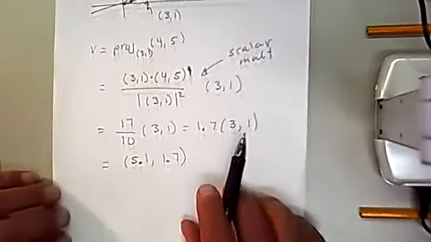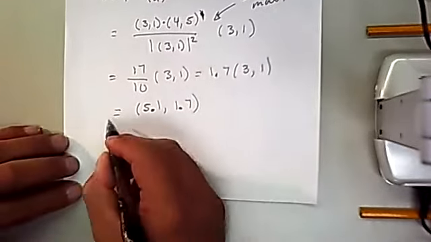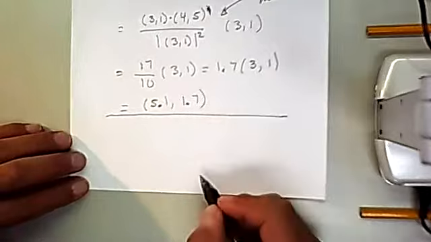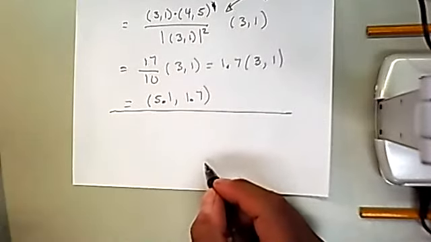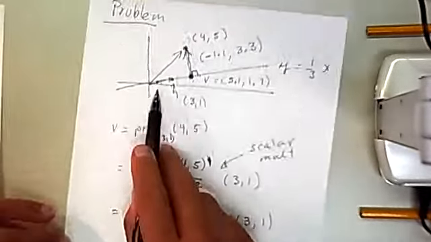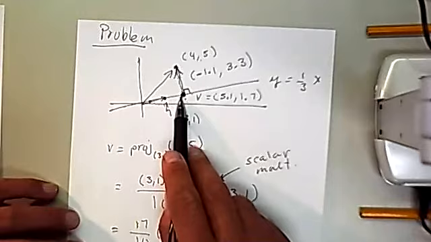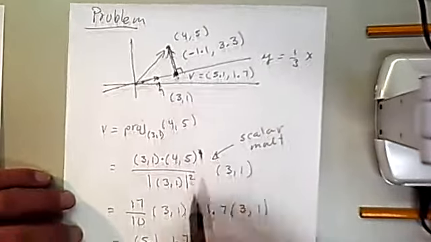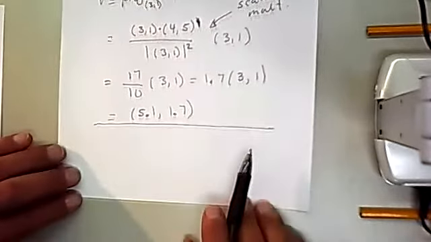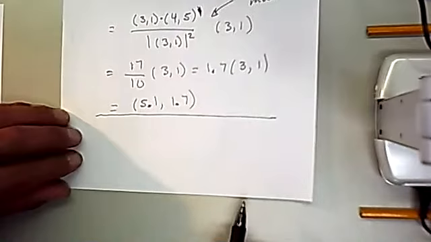Before we finish with this, there's one warning I have to tell you about. If your line does not go through the origin, then this is not as straightforward, but it has an easy remedy.